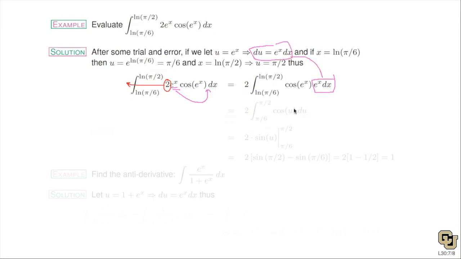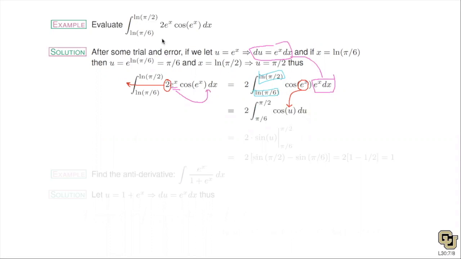The e to the x that's in here, cosine of e to the x, that's going to become cosine of u. And of course, these bounds, ln of pi over 2 and ln of pi over 6, we're going to convert to the u variable.